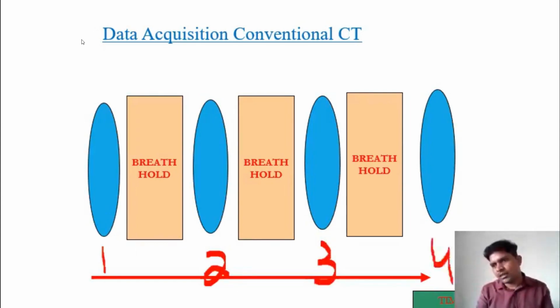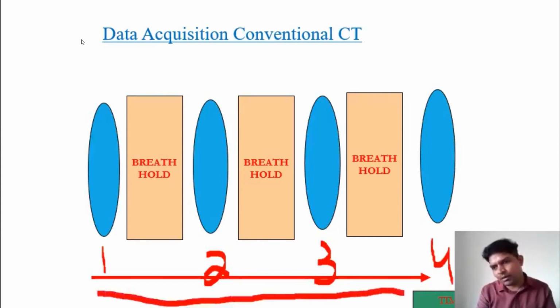If the time gap from one slice to another is, for example, 1 second, I'm only giving an example; it depends on the table speed and the pitch. So one slice after another, breath hold, second, third and so on, continuously.